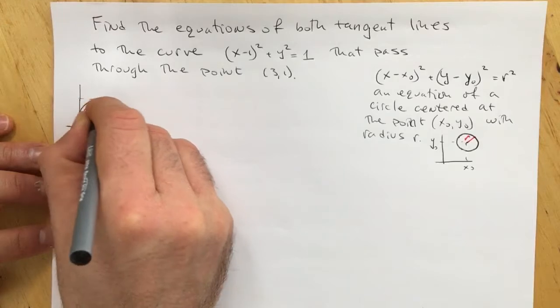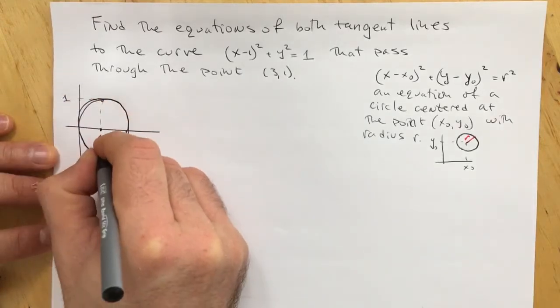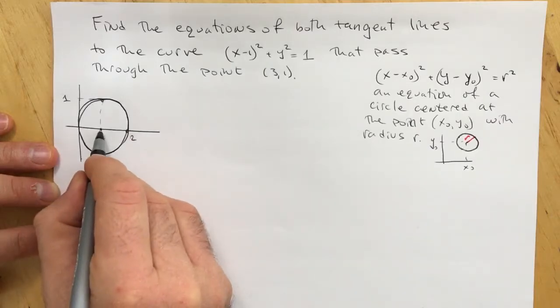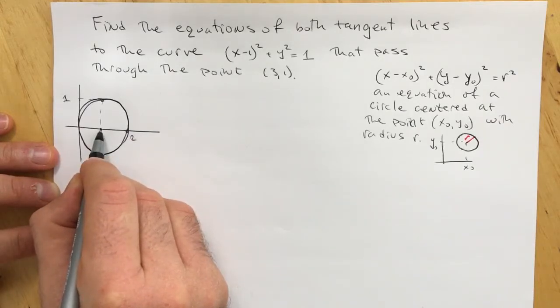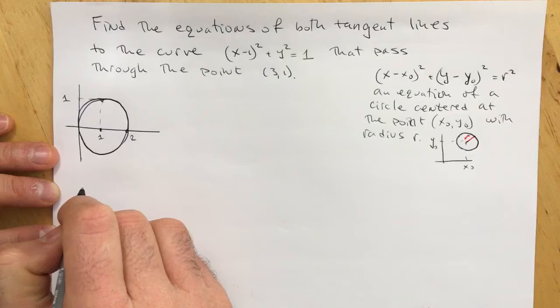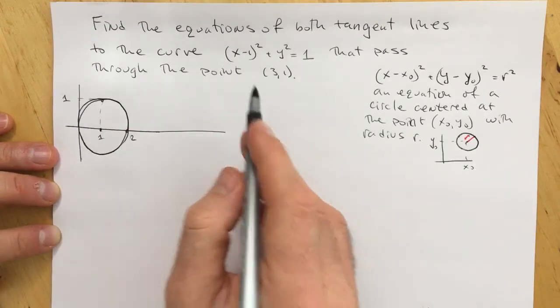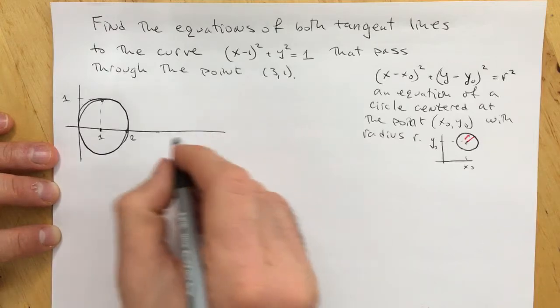This point here obviously is going to be the point (1, 1). This is the point (2, 0). It's centered at (1, 0) and has radius 1. Now we want to find the equation of the tangent line that passes through the point (3, 1).